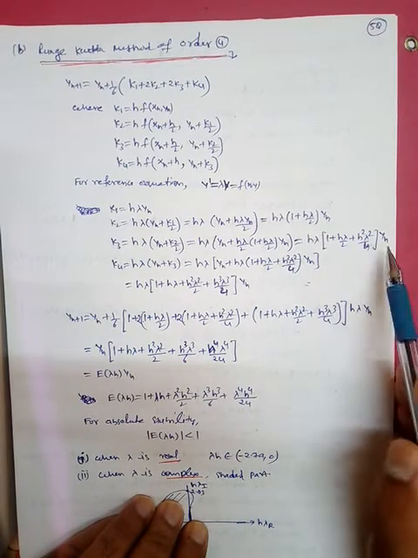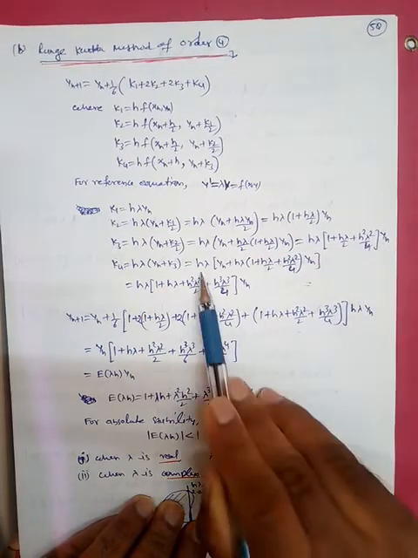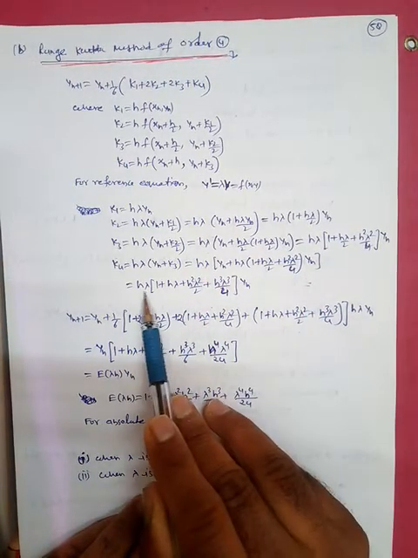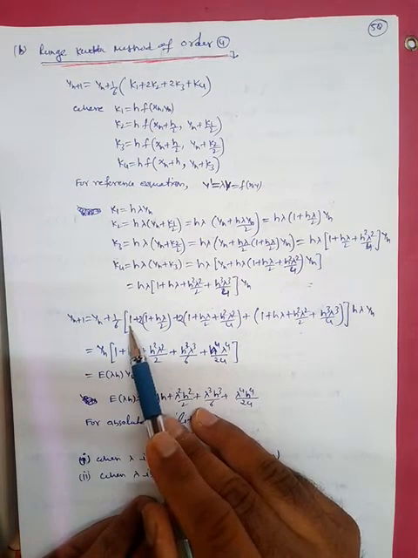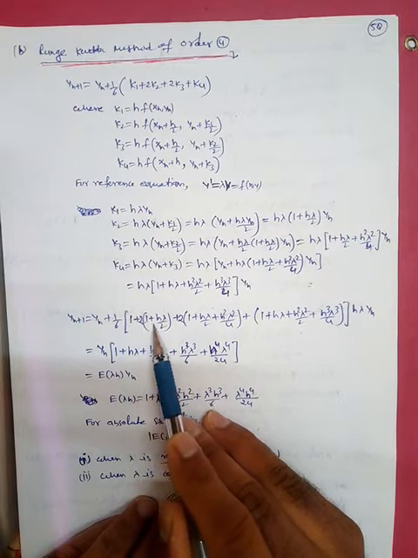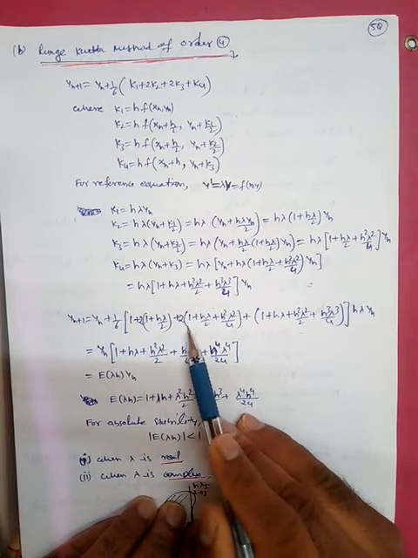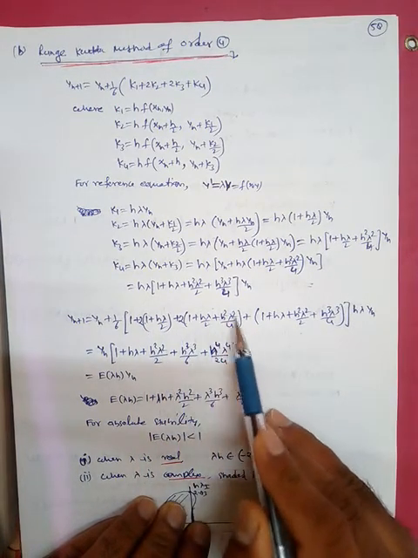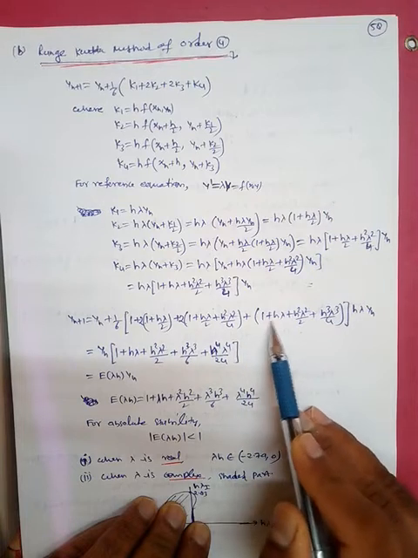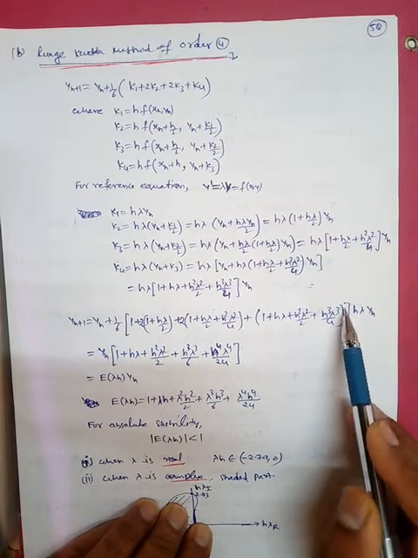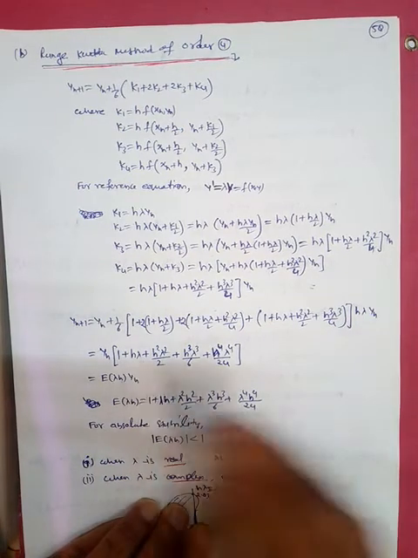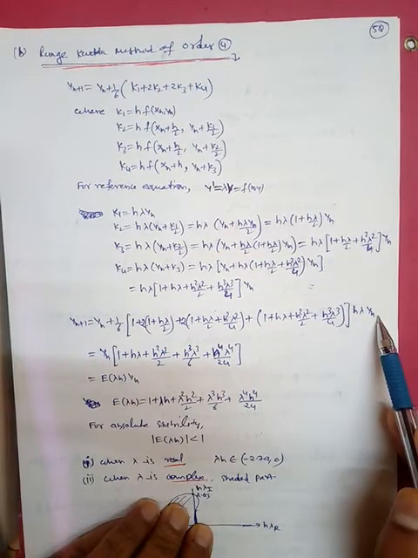So ultimately you can take h lambda yn common, and we will get 1 plus 2 (1 plus h lambda by 2) plus 2 (1 plus h lambda by 2 plus h square lambda square by 4) plus (1 plus h lambda plus h square lambda square by 2 plus h cube lambda cube by 4), and this whole bracket is multiplied by h lambda yn.